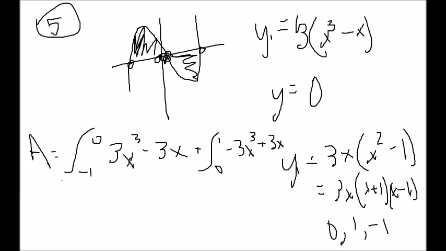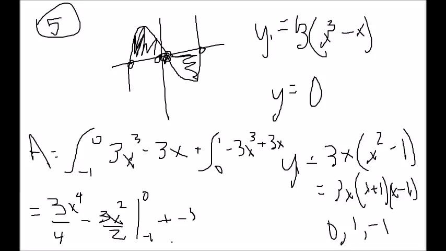Alright, now we just have to solve it. So it's going to be 3x to the 4th over 4 minus 3x squared over 2, from negative 1 to 0, plus negative 3x to the 4th over 4 plus 3x squared over 2, from 0 to 1.